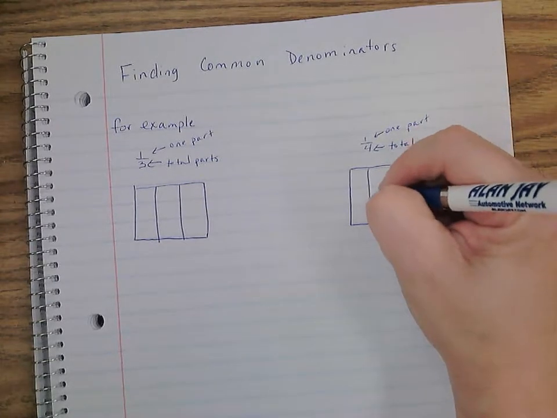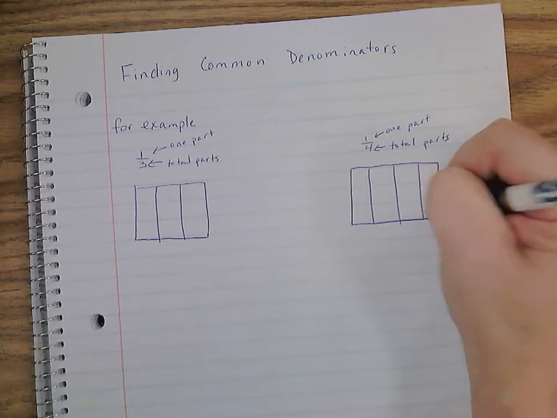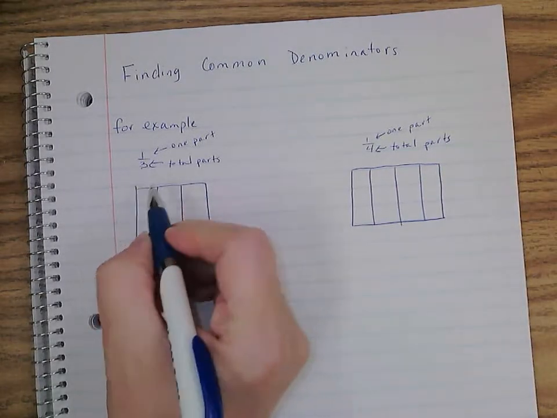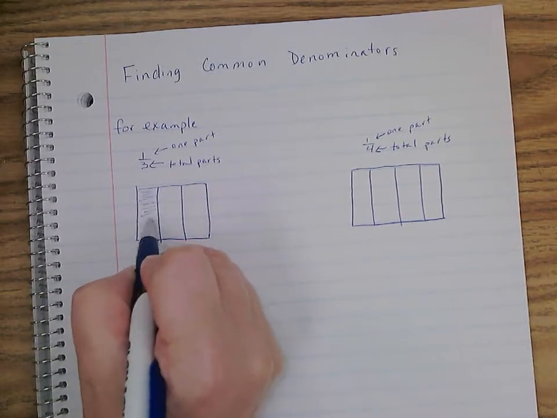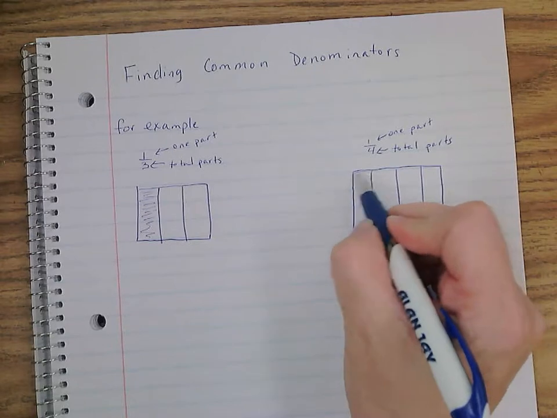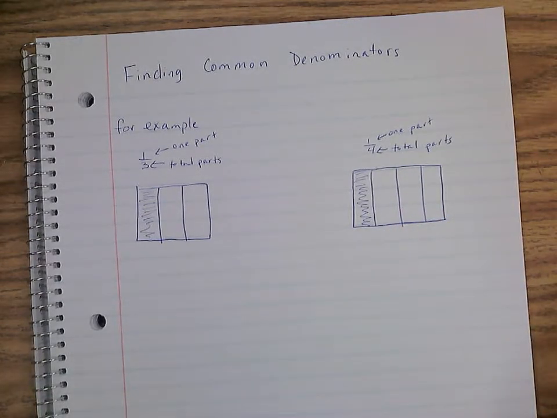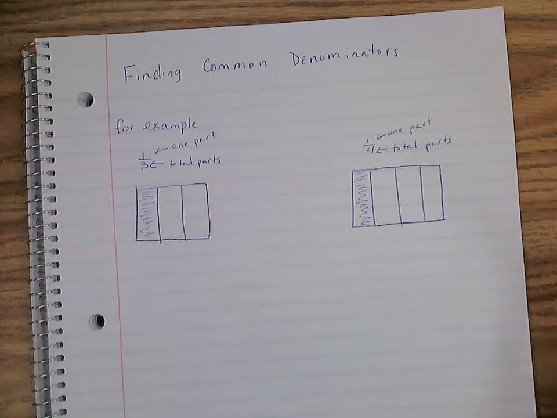So we're going to break this into 4 total parts. 1, 2, 3, 4. So here on my 1 part would be, I would have this part here. 1 part, I have this piece here.